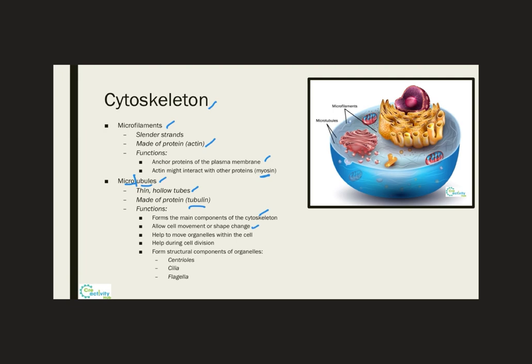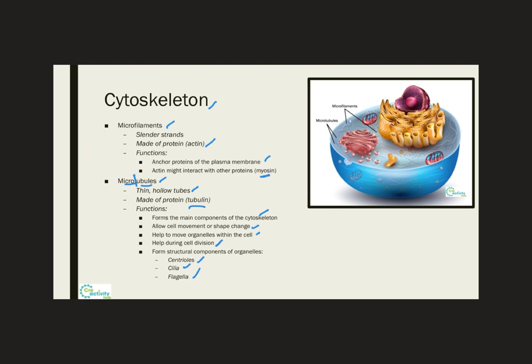And because they attach to organelles, they help these move around the cell. They will also have an important role during cell division, which we will talk more about when we cover this topic. And lastly, microtubules form structural components of organelles such as centrioles, cilia, and flagella, which we will see on the next slide.